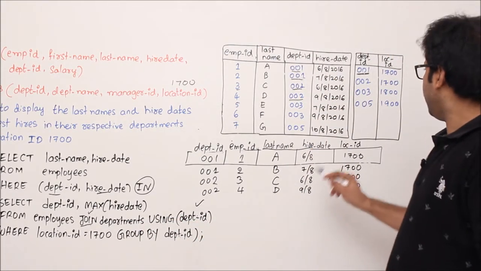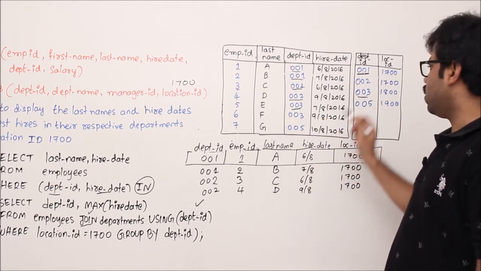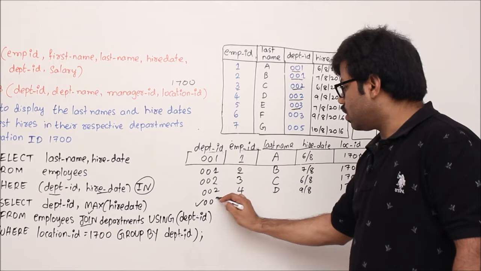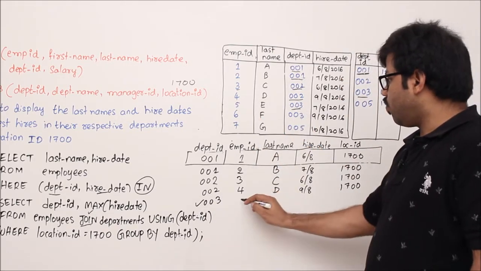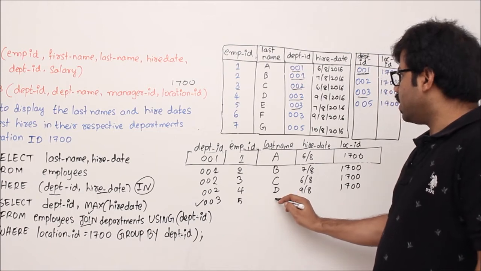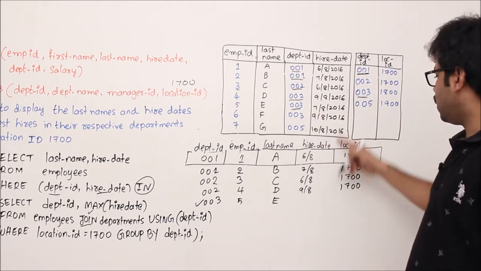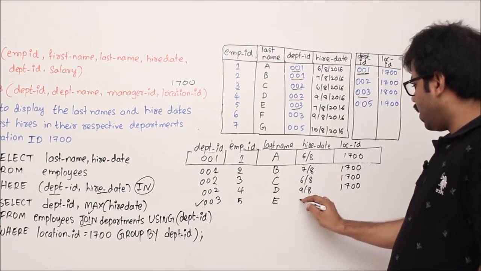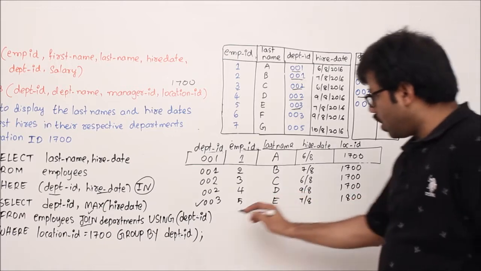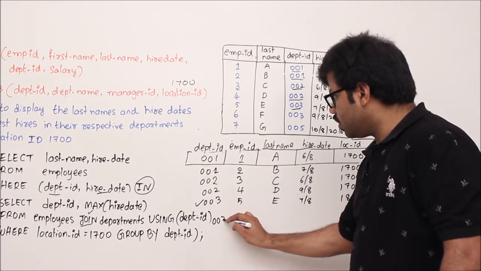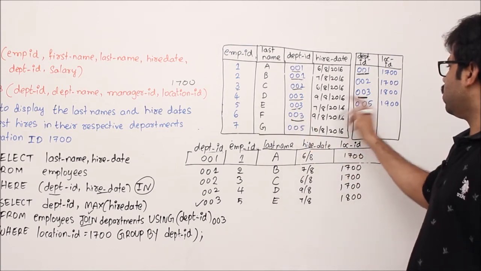One more tuple will be taken, which is 003. You see 003, 003. The ID in 003 is 5. The last name of that person is E. That person's hire date is 7, 8. Then the location is 1800. Now one more tuple will be taken, which is department ID 003. 003 matches with this 003.